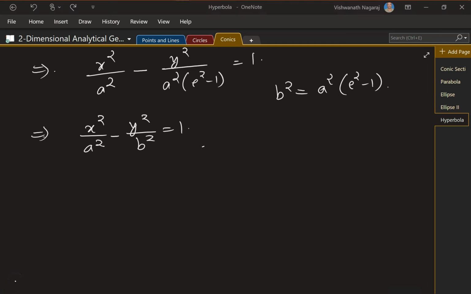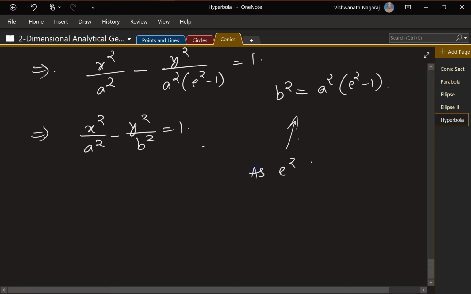Now let's take this as e is greater than 1. e square minus 1 would also be greater than 0. It will be a positive number.